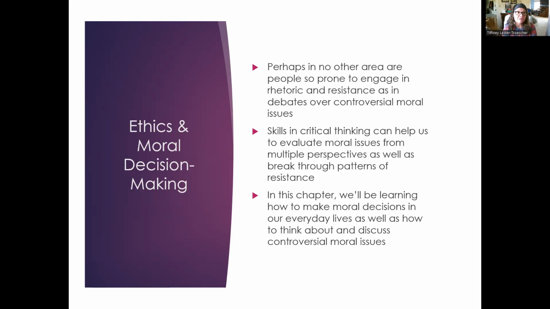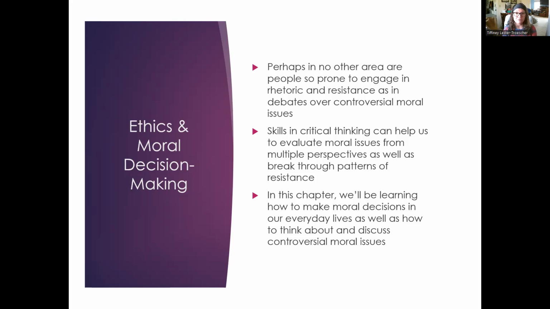Resistance. All of the types of resistance that we learned about back in week 1, it shows up when we start to debate controversial moral issues. But our critical thinking skills can help us evaluate moral issues from multiple perspectives, just like argument did, as well as break through those patterns of resistance.